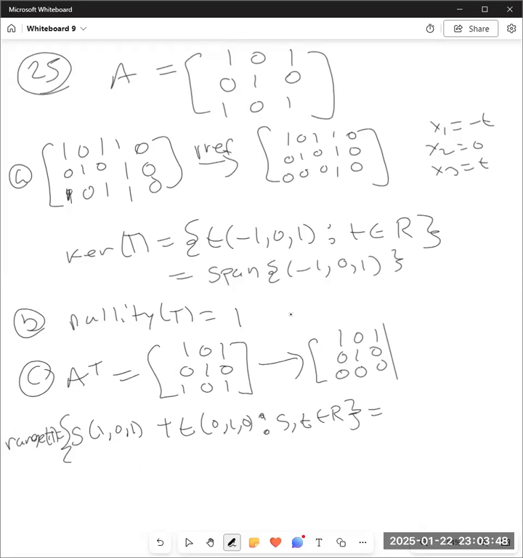And so that tells me that this is D: rank of T is equal to 2 because there's two dimensions, s and t here.